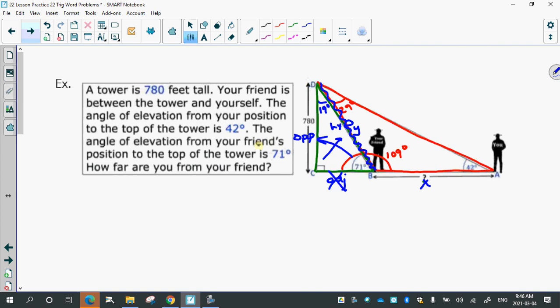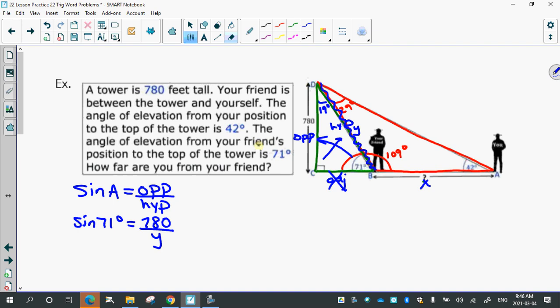Sine. So let's write that formula here. Sine of A, my angle, is the opposite side over the hypotenuse. So the sine of 71 degrees is equal to 780, which is my opposite side, over y, which is my hypotenuse.